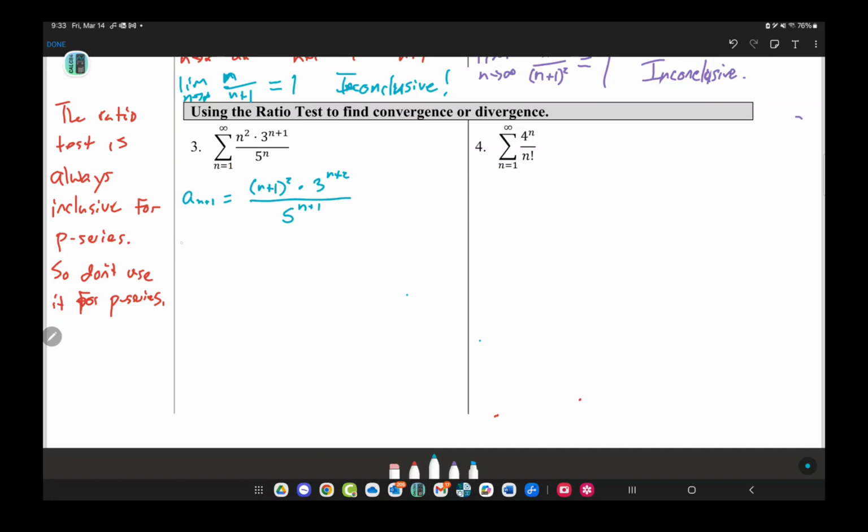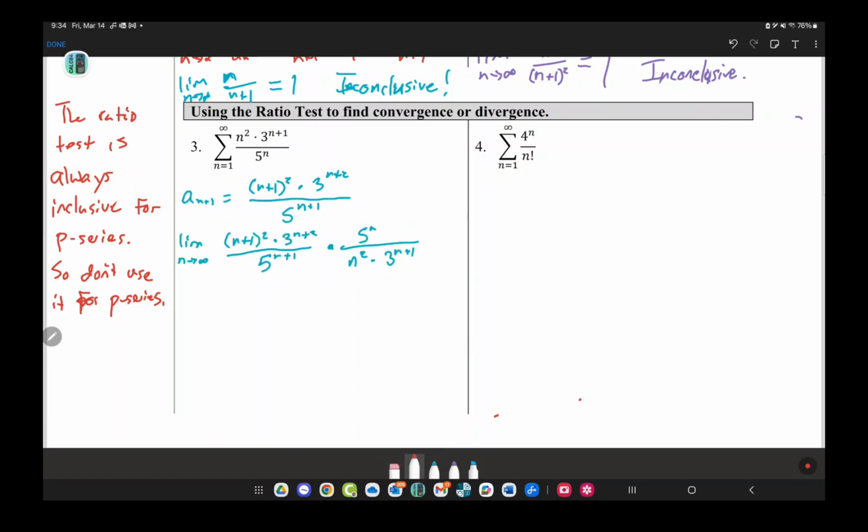So we're going to take the limit as n goes to infinity of this function, (n plus 1) squared times 3 to the n plus 2 over 5 to the n plus 1, times the reciprocal of a of n, 5 to the n over n squared times 3 to the n plus 1.